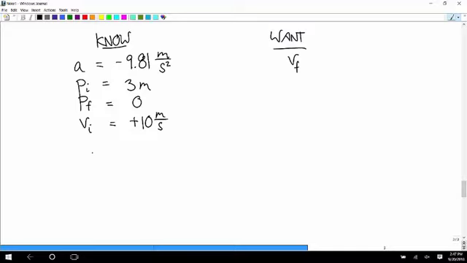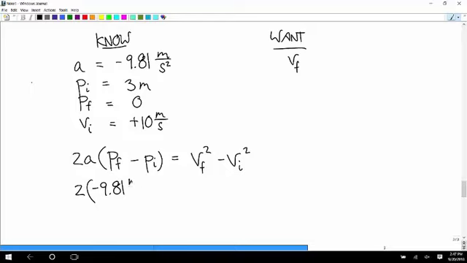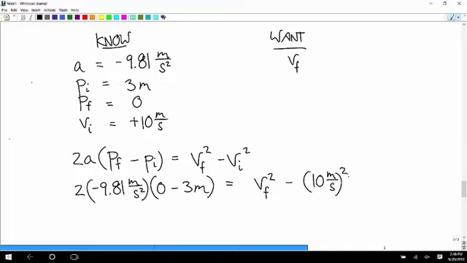This one's going to use that same equation again: 2a times the quantity P final minus P initial is equal to V final squared minus V initial squared. So we have 2 times negative 9.81 meters per second squared times the quantity 0 minus 3 meters is equal to V final squared minus 10 meters per second squared.